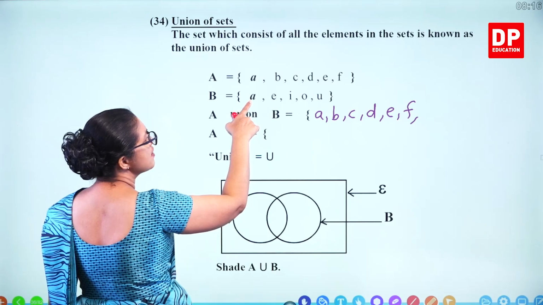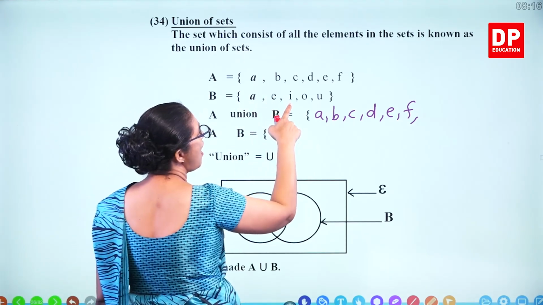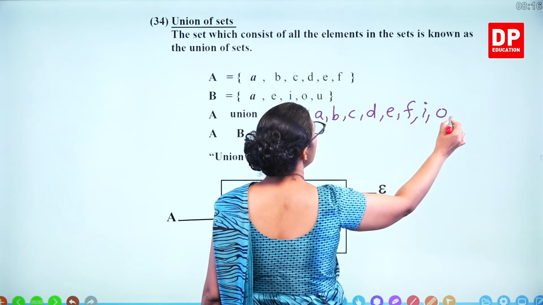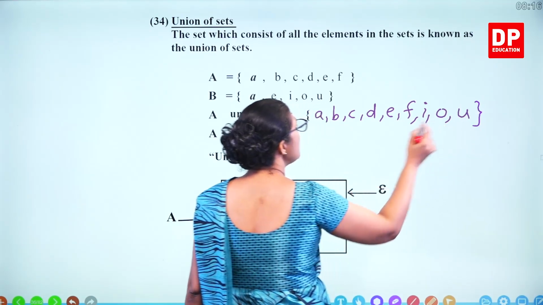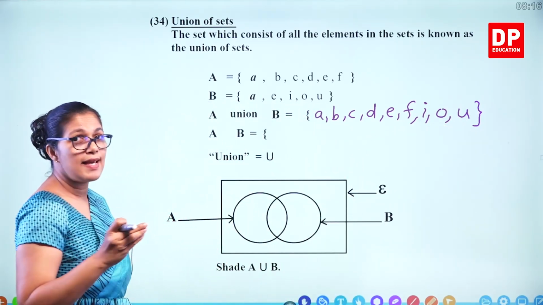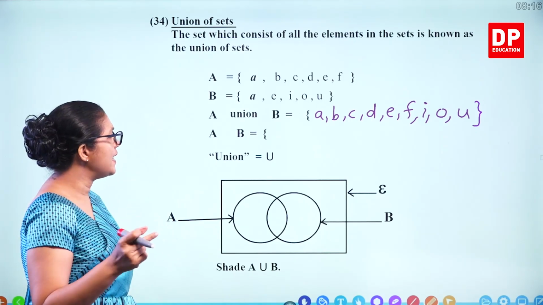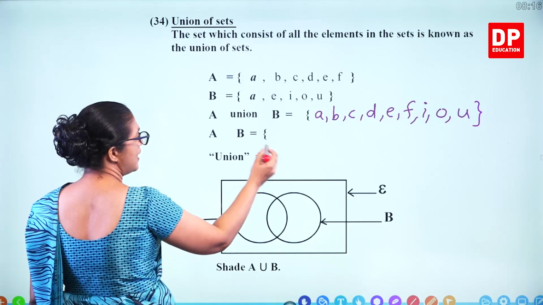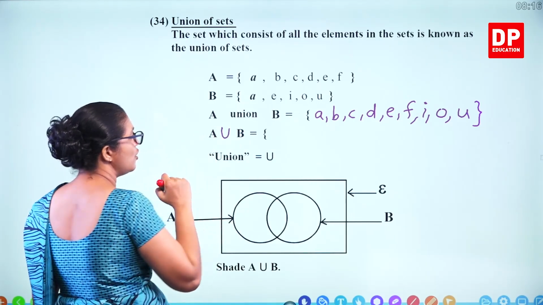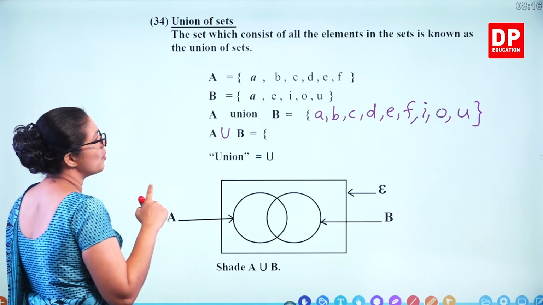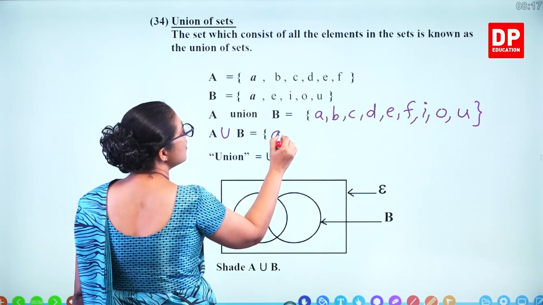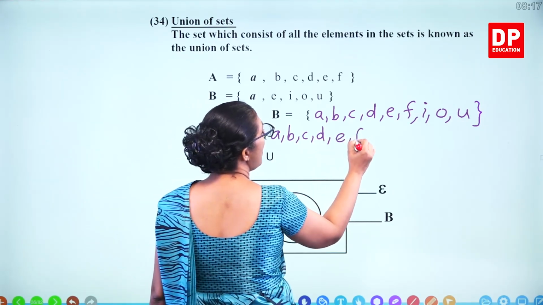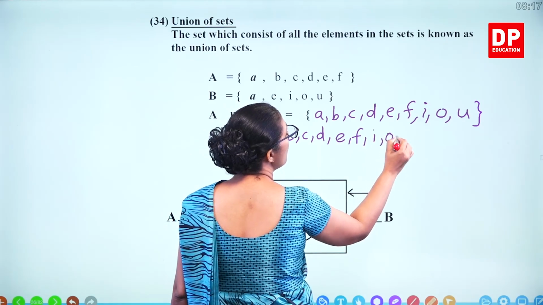A and E, we have already written. I, O, U we have to write. So when you write all elements, we say that's the union, A union B. The symbol we use for union is a U-like letter. So A union B is A, B, C, D, E, F, I, O, U.